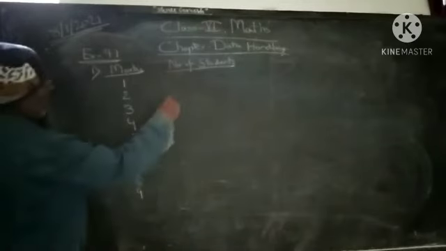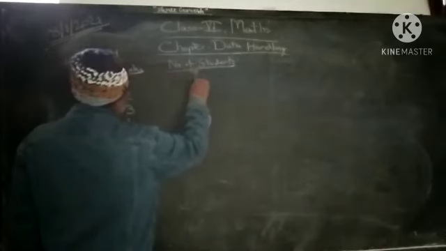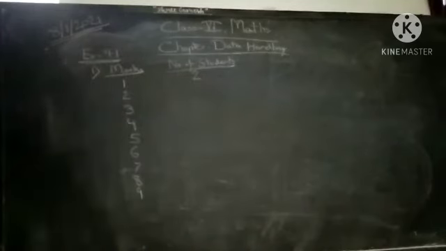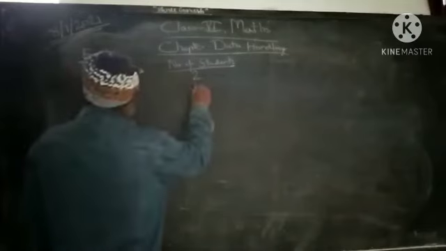So how many students have scored 1? In the first row you will find there are 2 students who scored 1. There are 3 students who scored 2. There are 3 students who scored 3.